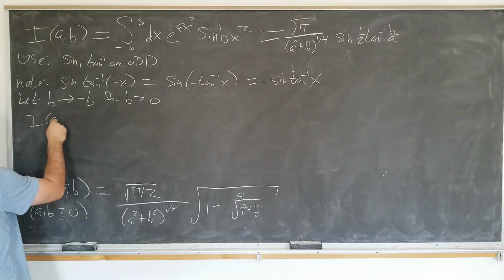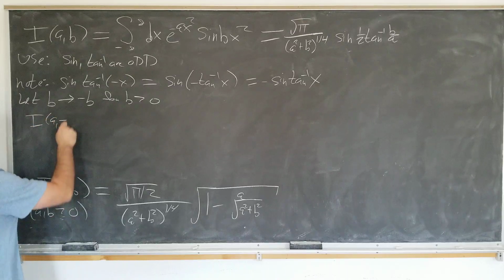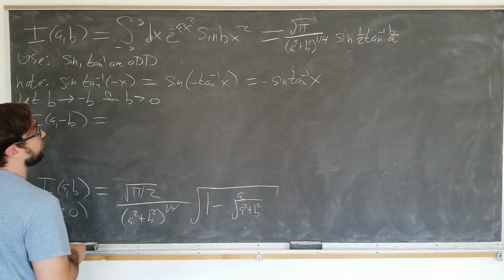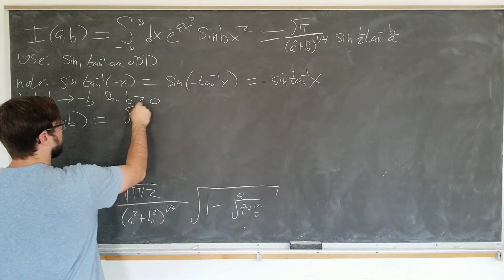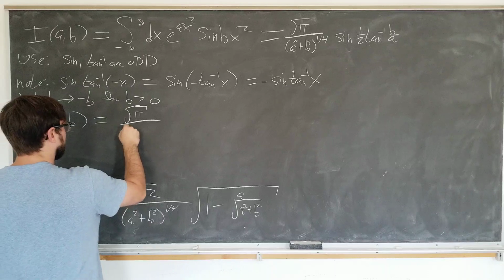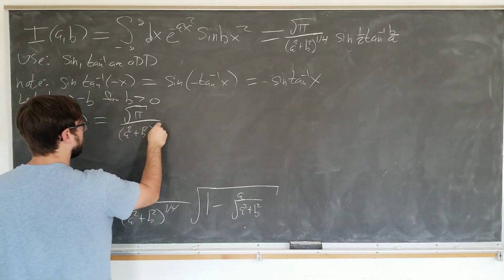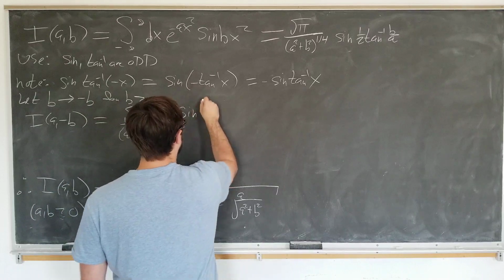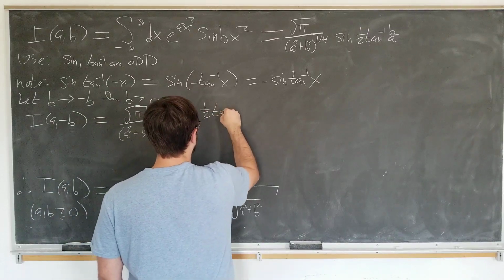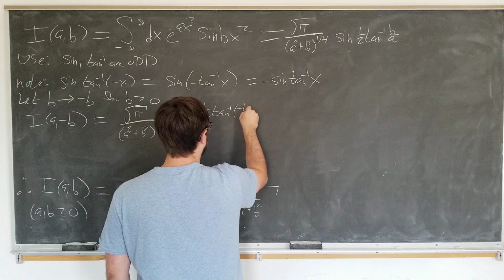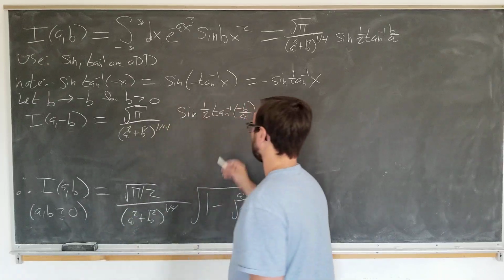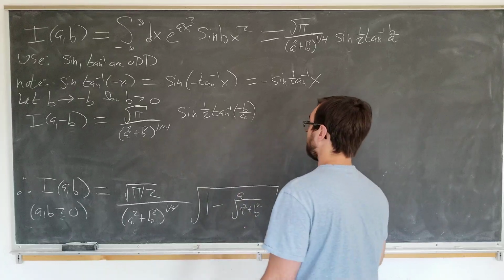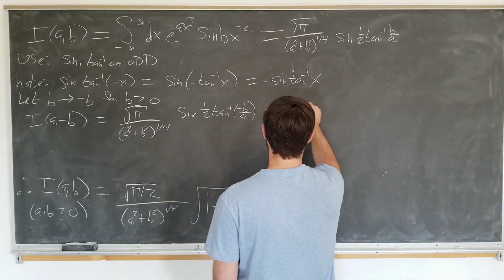So I of a and minus b is now equal to square root of pi over a squared plus b squared to the 1/4. Doing what we just did up here, sine 1/2 inverse tangent of minus b over a, which we can simplify by just taking the minus sign and putting it out here, since we already did the work for that.